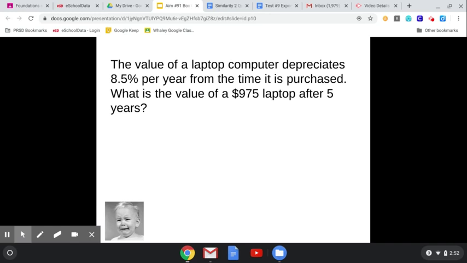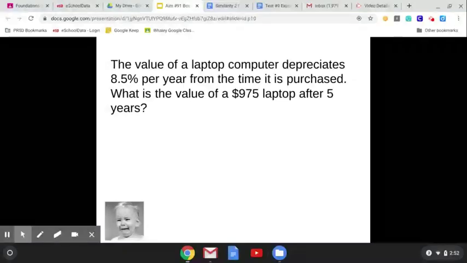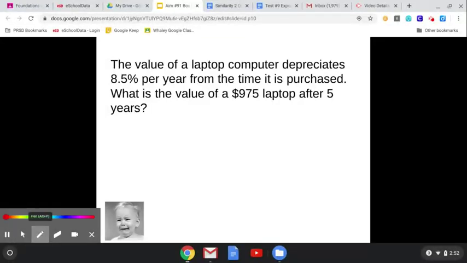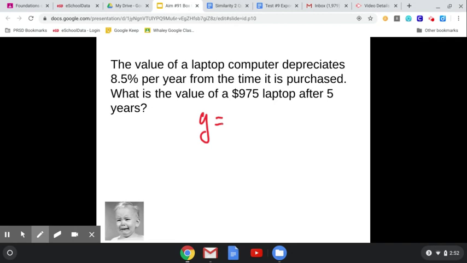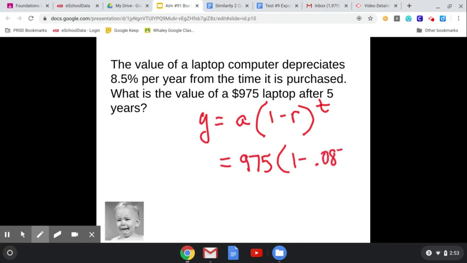The value of a laptop depreciates 8.5% per year from the time it's purchased. What's the value of a $975 laptop after 5 years? So we're talking about one of those equations with the r in it. Since it's decay, it's going to be 1 minus r to the t. Our initial value is 975. Our r value here is 8.5% as a decimal, 0.085. The t value is 5.